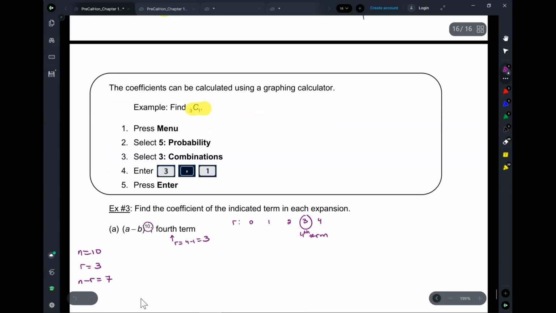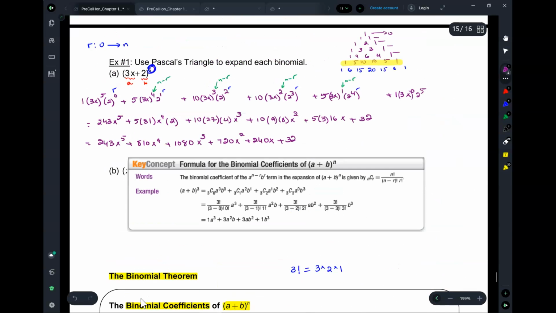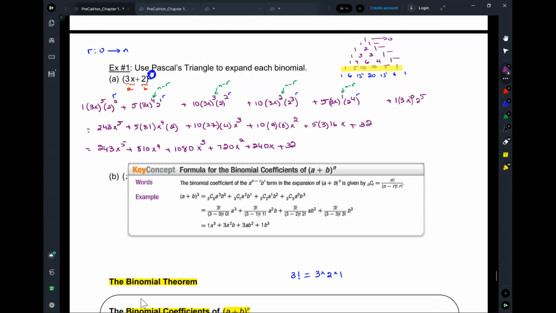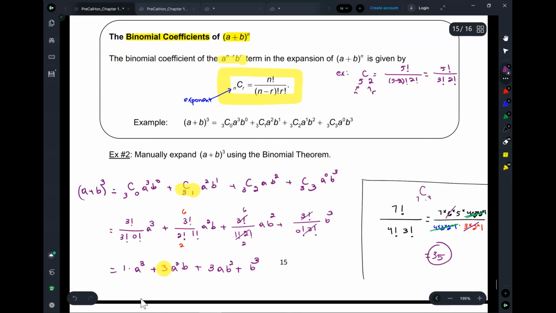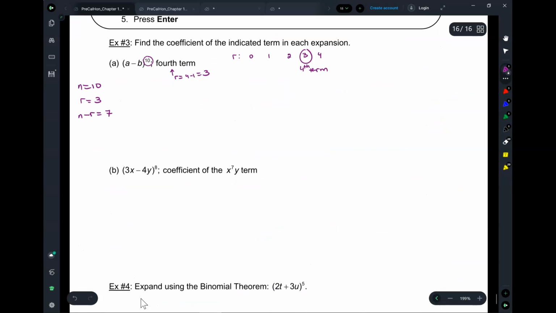I'll tell you. Because what did we say before? Each of the terms has r and n minus r for their exponents. They add up to n together. So the format is this: C(n, r), a to the n minus r, b to the r.